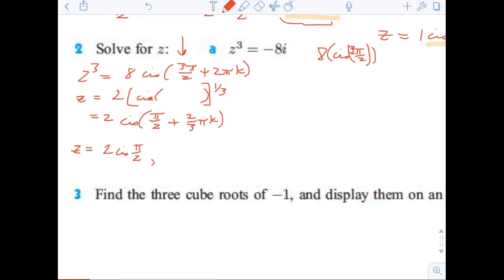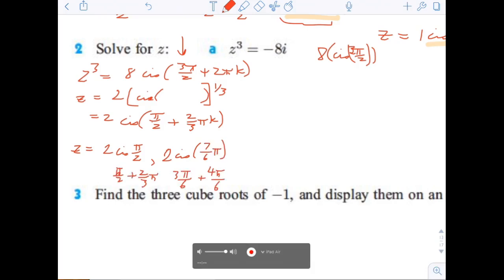And if k equals 1, it would be 2 cis pi over 2 plus 2/3 pi. So if I add together pi over 2 plus 2/3 pi, I get 3/6 pi plus 4/6 pi, which gives me 7/6 pi.